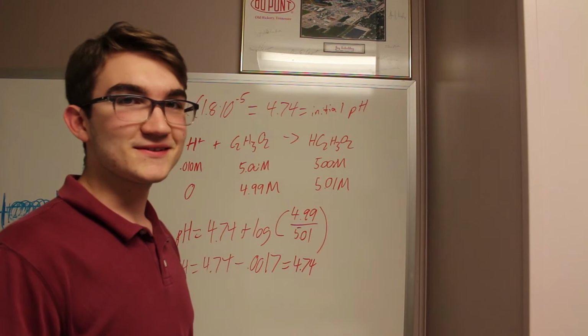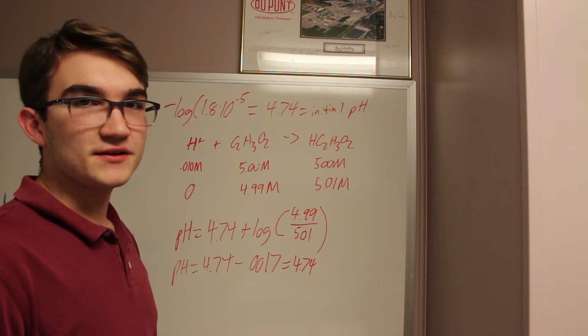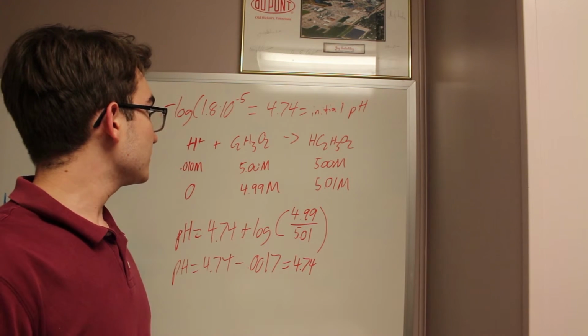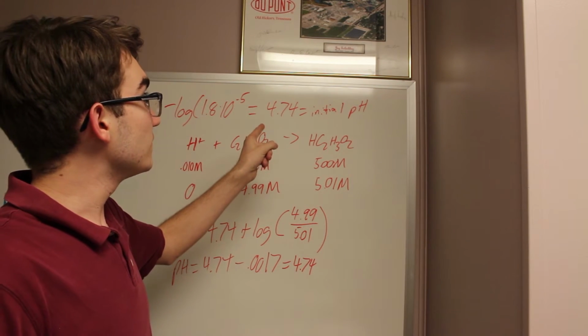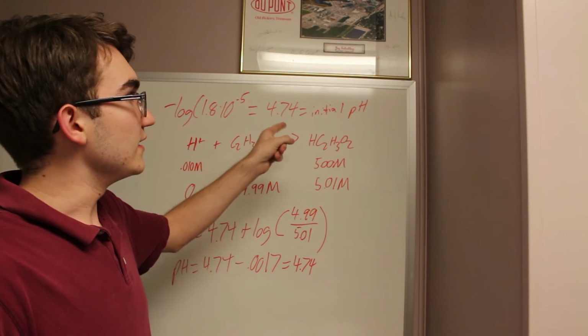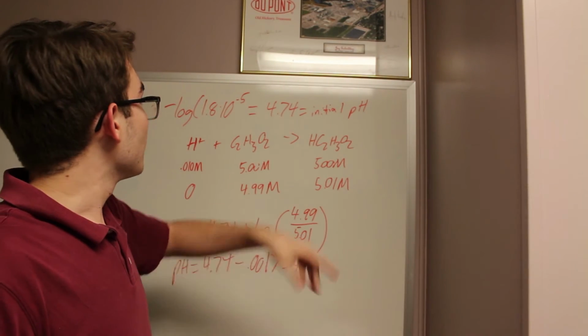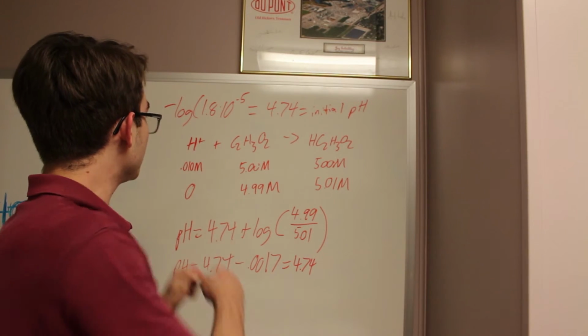Alright, so let's talk about this and see how I did it. To find the initial pH of the solution, we can take the negative log of 1.8 times 10 to the negative fifth, which equals 4.74. And in this case, the pH and the pKa are the same. Alright, so we have an ICE table here.